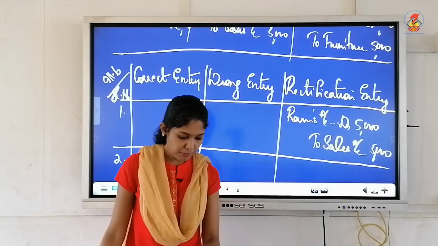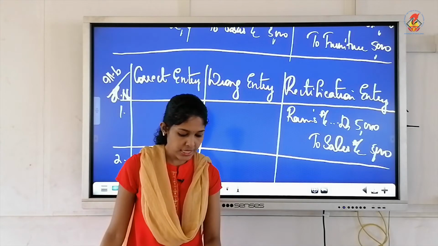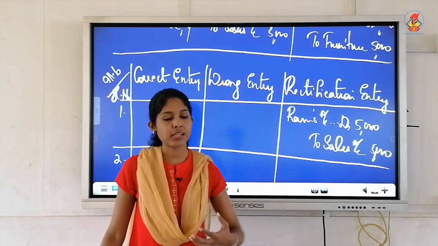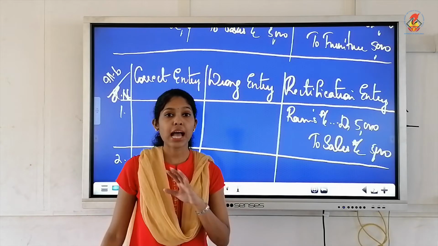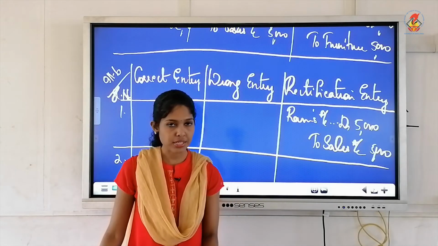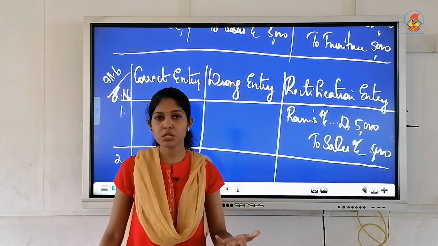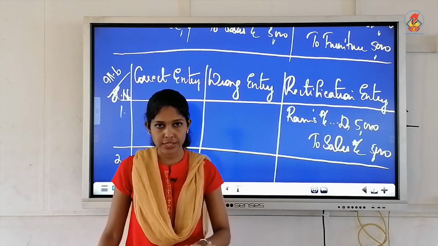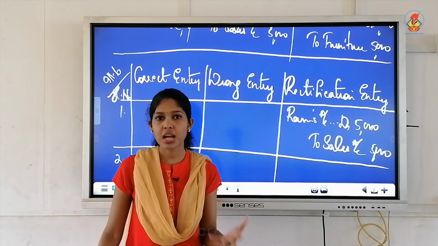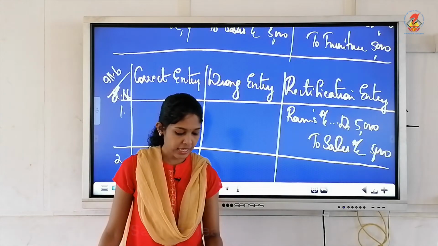goods taken by the proprietor were not recorded anywhere. Okay, so goods taken by the proprietor means that is like drawings, and it has not been recorded anywhere means you are going to record it now. There is no rectification part, there is no correct entry and wrong entry. We are just writing the rectification entry because we haven't done anything before. So this is again error of omission.